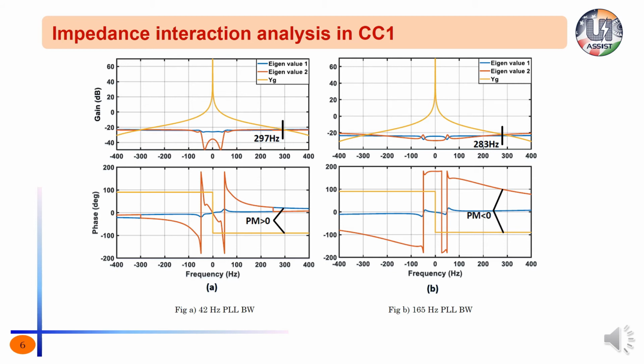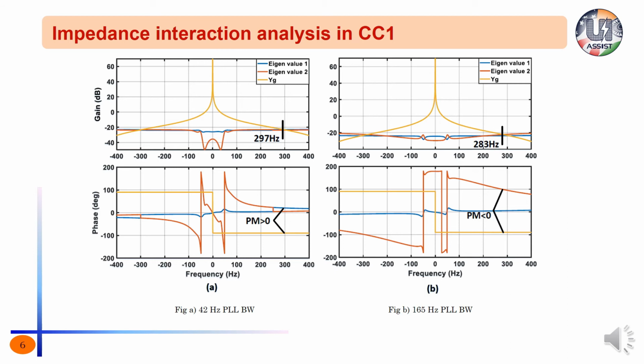Now let us look into the impedance interaction scenarios in case of CC1 due to PLL. In figure A, where PLL bandwidth is 42 Hz, interactions are happening at 297 Hz. Since there is sufficient phase margin, the system is stable.